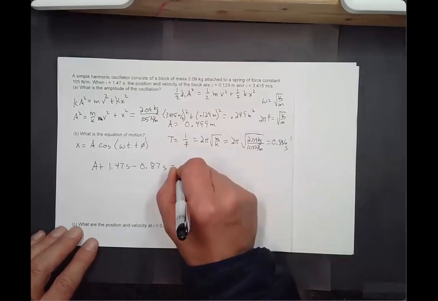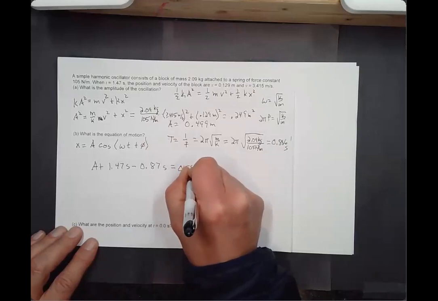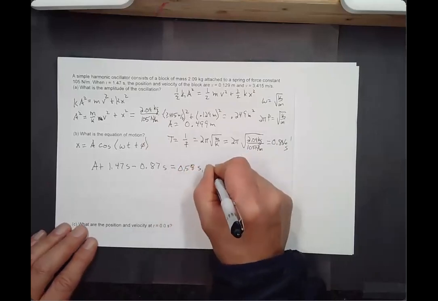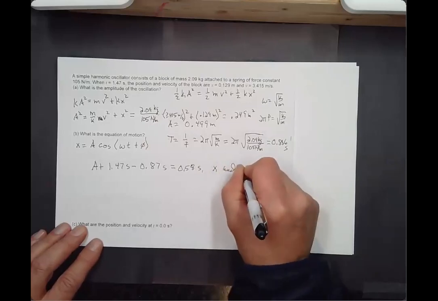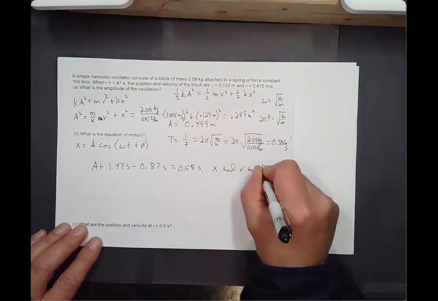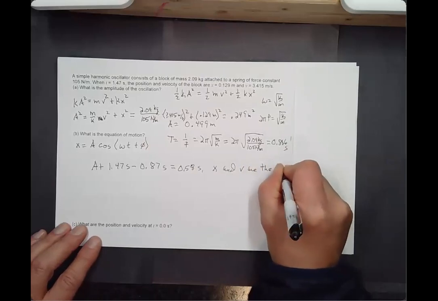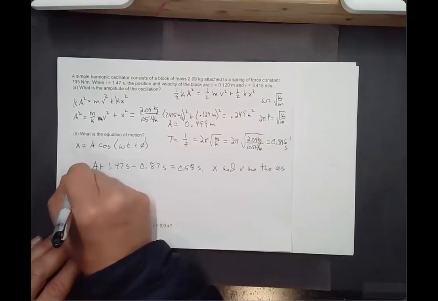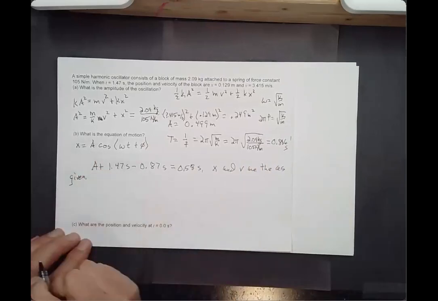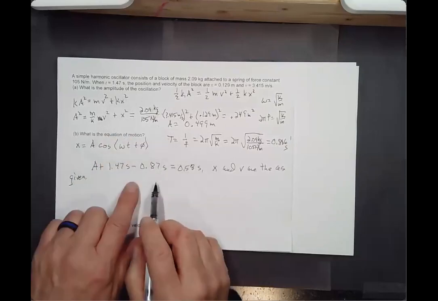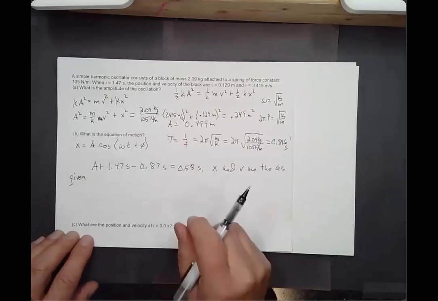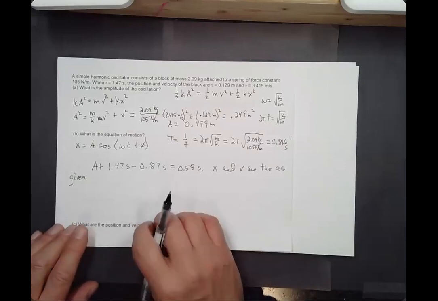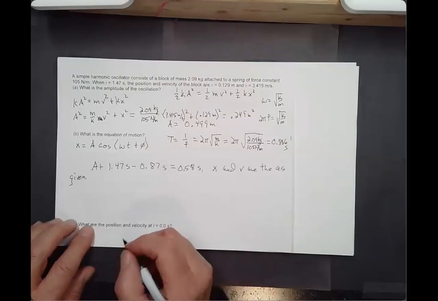I get 0.58 seconds. x and v are the same as given. If I was to rewrite this problem, I'd give you 0.580 seconds for this instead of 1.47 seconds. But that's all right. All right.